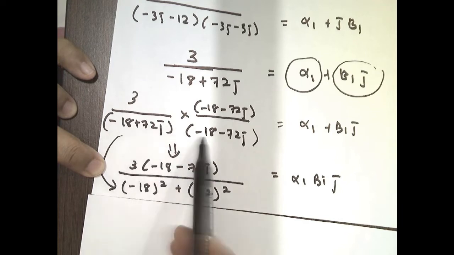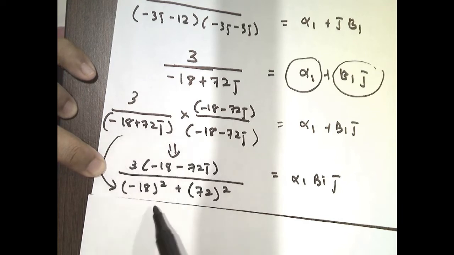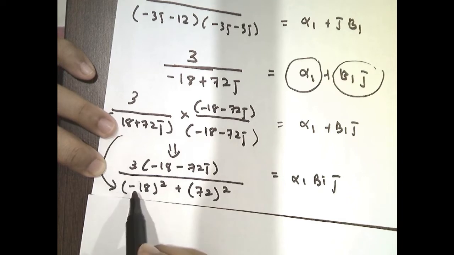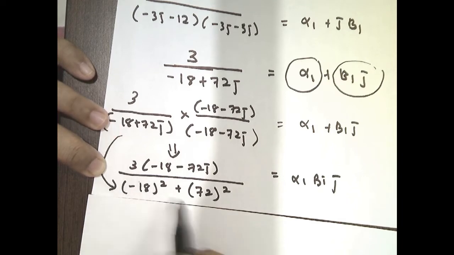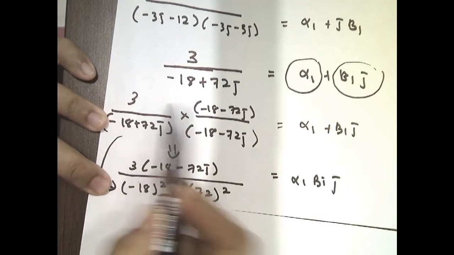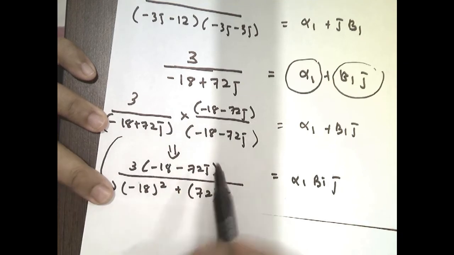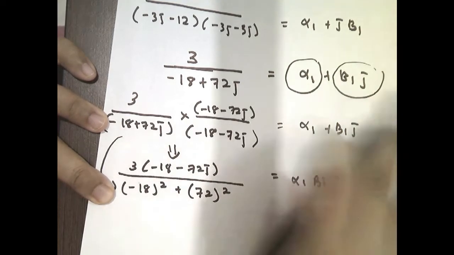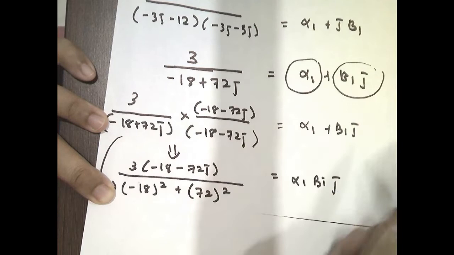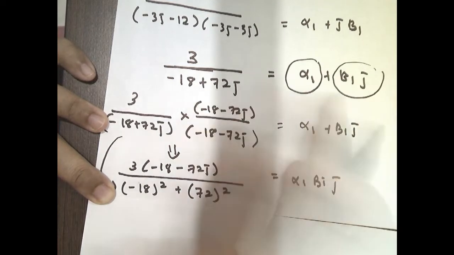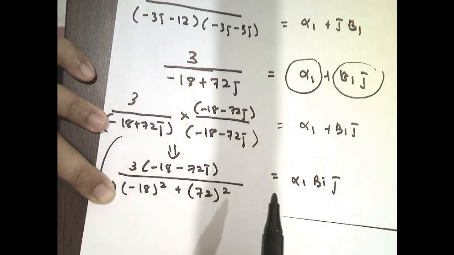So this is the complex root rule. For the denominator, you just multiply 3 and negative 18 minus 72j. For the right side, you just let it be like this. We just modified the left side.